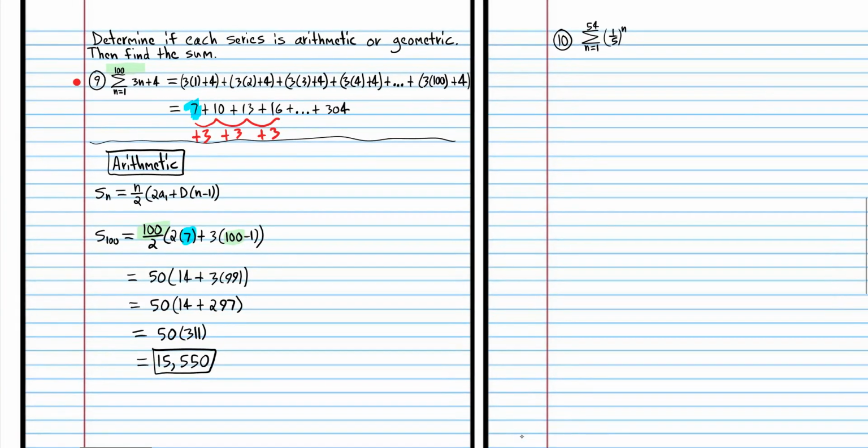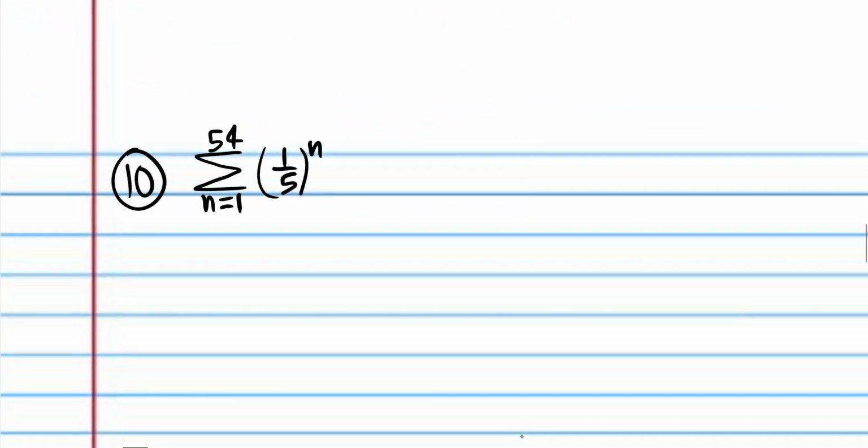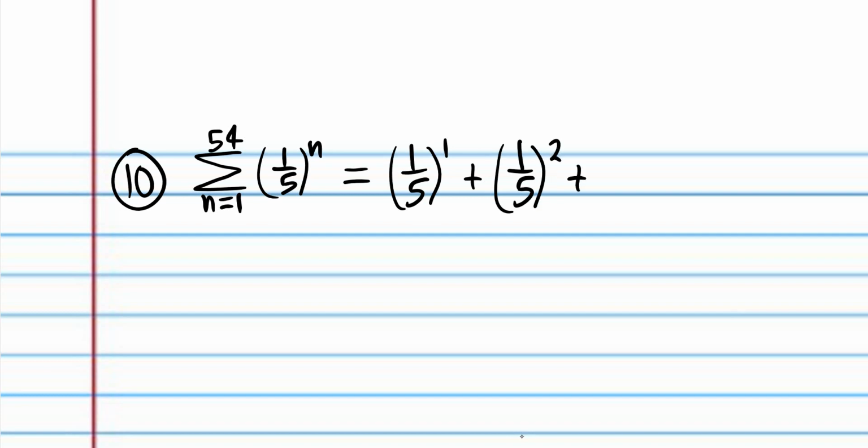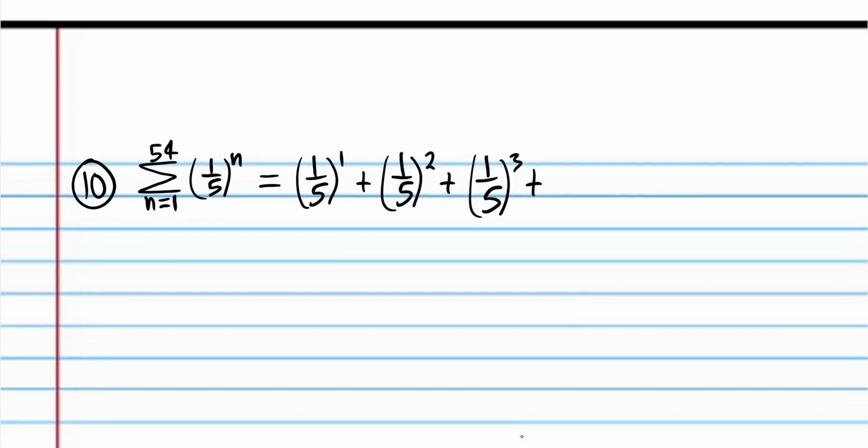Okay, so we don't know if this is arithmetic or geometric, so we're going to plug in some values. And it just keeps going all the way to 1/5 to the 54th power.